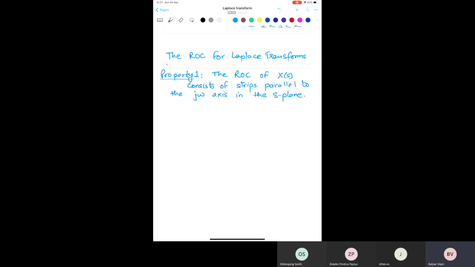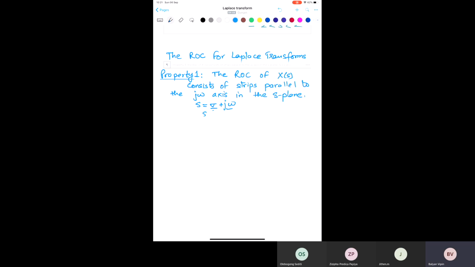So what this means is that, as I told you, suppose the ROC came something like sigma plus j omega. We are going to consider only the real part of it, not the frequency or phase part of it.